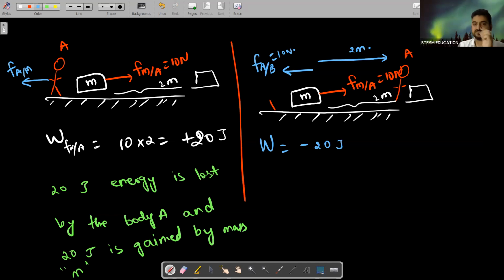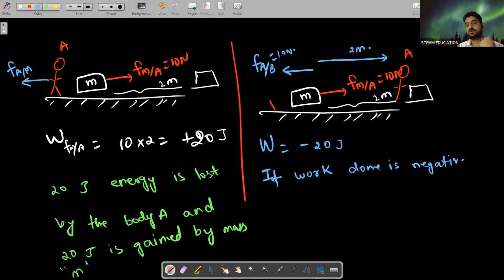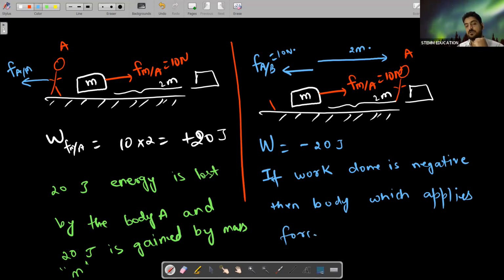The body which applies force on A is mass m, and if the work done is negative, then the body which applies force gains energy.